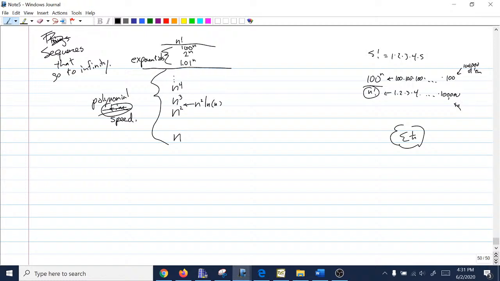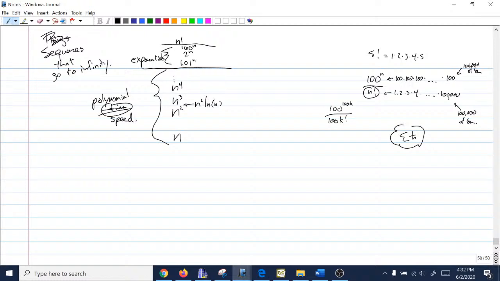So I'm thinking about the 100,000th term of each of these series. I was going to make it the millionth, but I didn't write enough zeros. 100 to the 100,000 versus 100,000 factorial. They both consist of 100,000 things multiplied together.